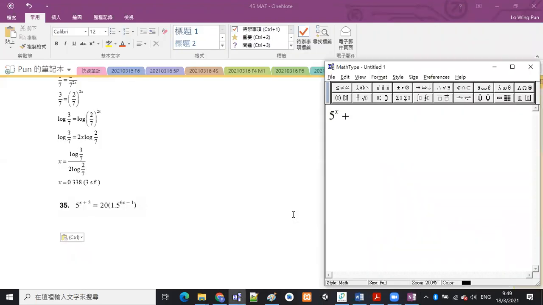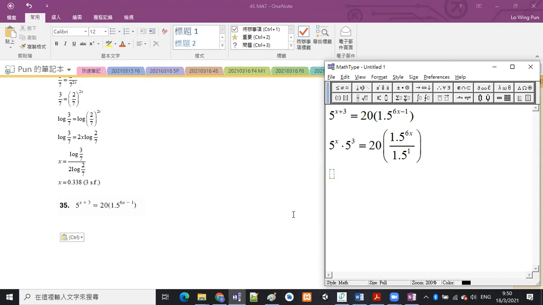5 to the power x plus 3 is equal to 20 times 1.5 to the power 6x minus 1. Okay? We do it the same way. 5 to the power x times 5 to the power 3 is equal to 20 times, this becomes 1.5 to the power 6x divided by 1.5 to the power 1.